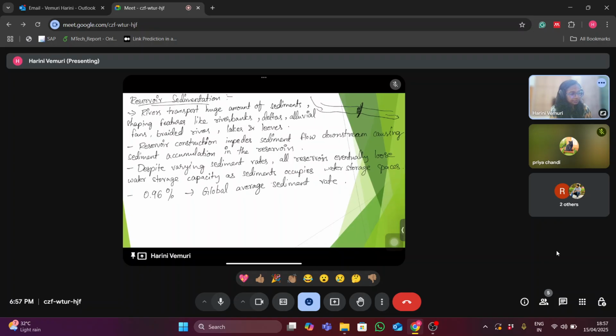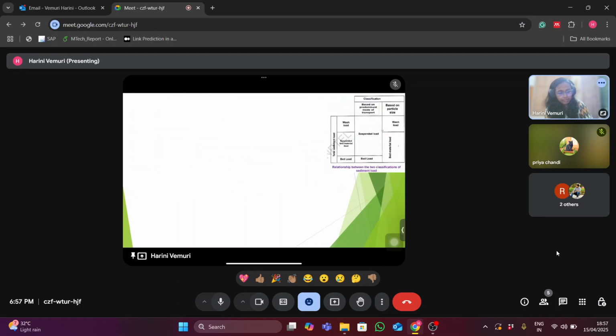So we have different forms of sediment transport in rivers. The first one is bedload, where most of the sediments are coming from the bed of the river channel.